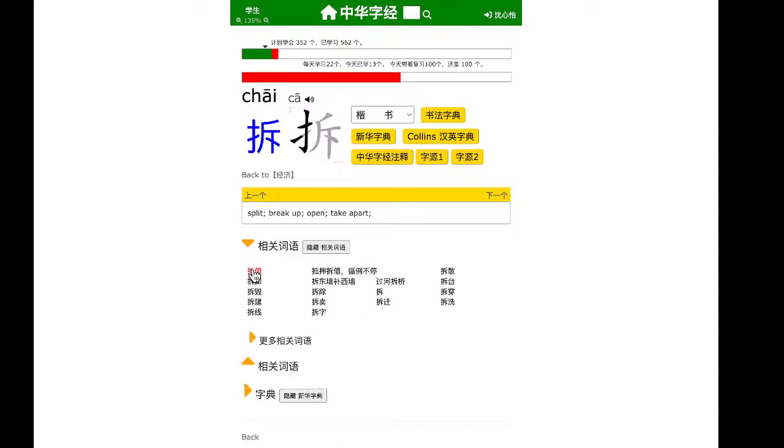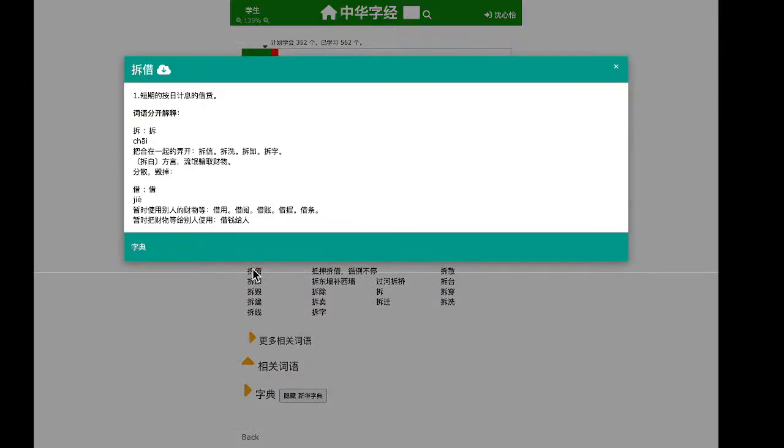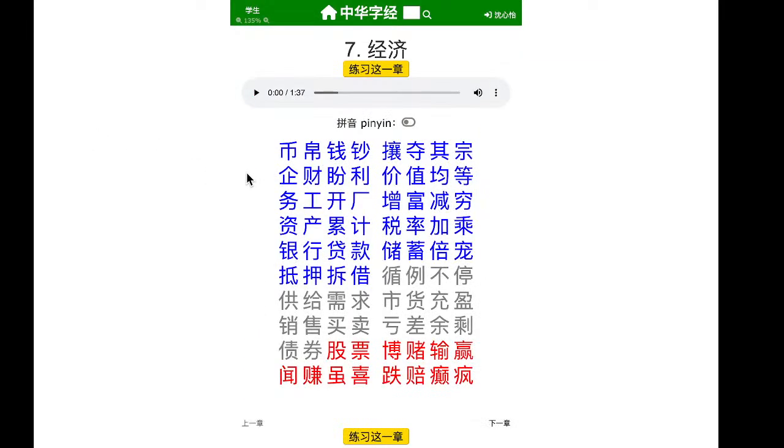Here: 拆借, short-term, daily-interest credit. 拆借 specifically refers to a very short-term loan. So I guess that's where the 拆 comes in, because it's going to expire very quickly. Yeah, it's only overnight or a few days.